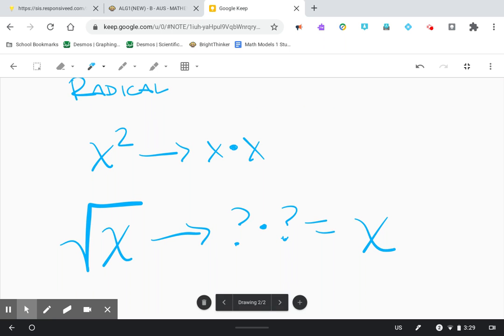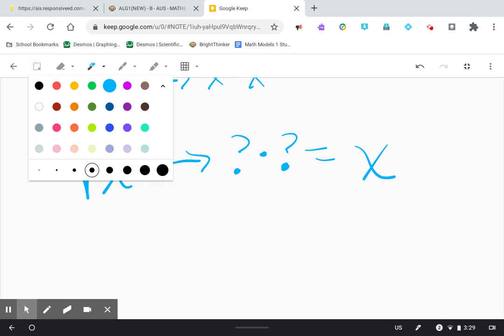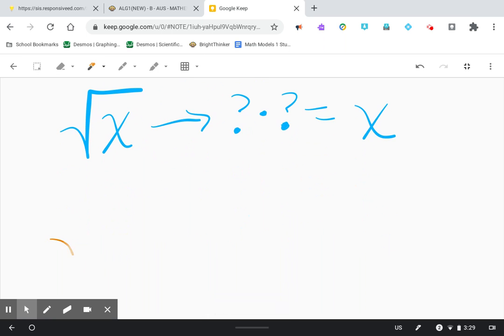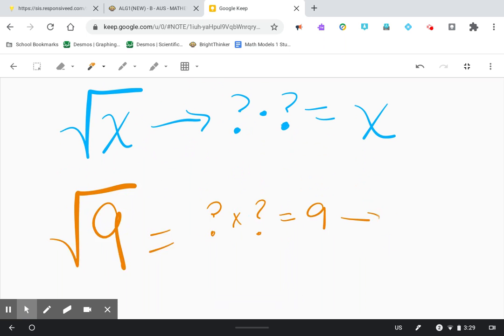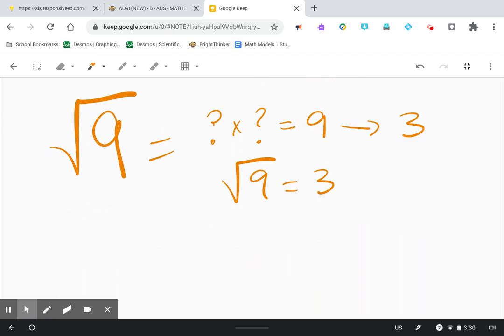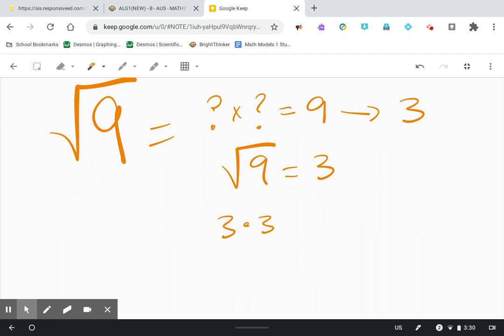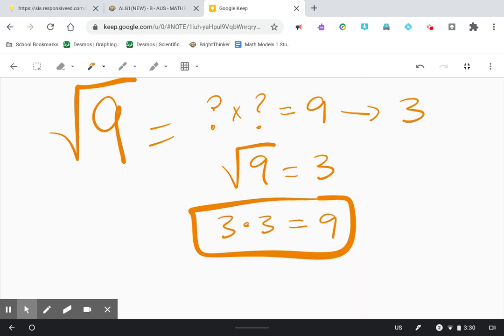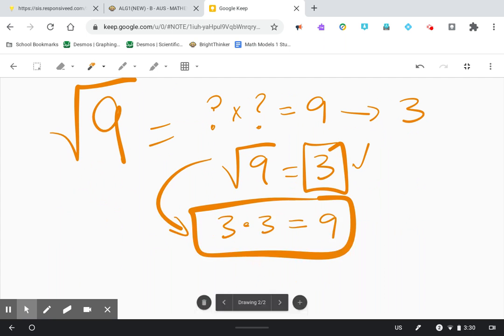So the square root of x is saying, like, what can I multiply times itself to get x? To use an answer of something that we know, for instance, the square root of 9 asks the question, what times what gives me 9? And so the answer is 3. So the square root of 9 is equal to 3 because 3 times 3 equals 9. So that's why 3 would be the answer.